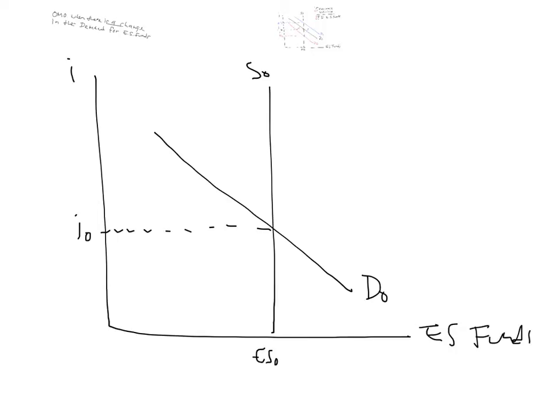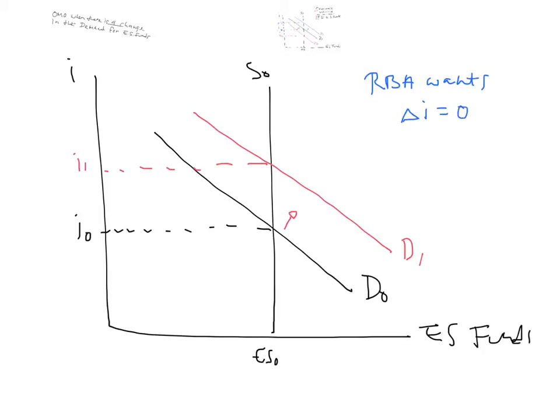Then for whatever reason, the increase in economic activity, there has been a shift out in the demand curve and we end up at the higher cash rate of I1, but no change in the balance of exchange settlement funds. But now we are going to assume that the RBA wants the change in the cash rate to be zero.